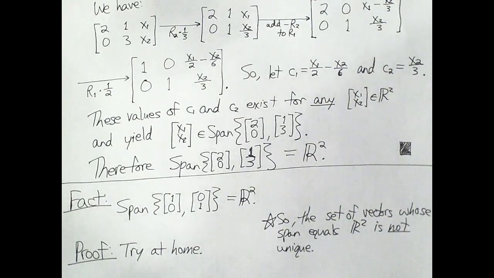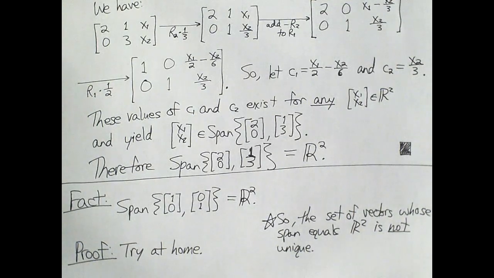Here's a question, do you think that I could just pick any two vectors? Would that work? Like if I said span of, pick any two vectors that you could think of here. I don't know, 1, 2, 3, 4, something like that. Would that work? What about 1, 1, 1, 1?